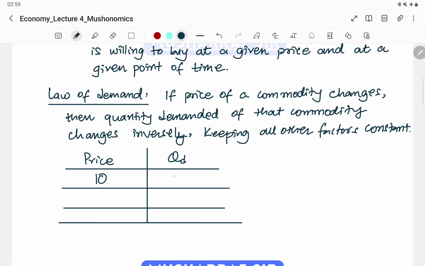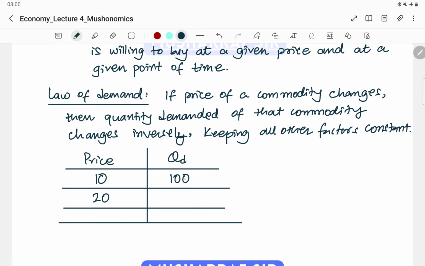In 10 rupees, suppose the quantity demanded is 100 numbers. So in 10 rupees, the quantity demanded is 100. Suppose the price is increasing. So if price will increase, suppose from 10 to 20, then demand will decrease because price is rising. So people will be having less money as compared to the previous situation, right?